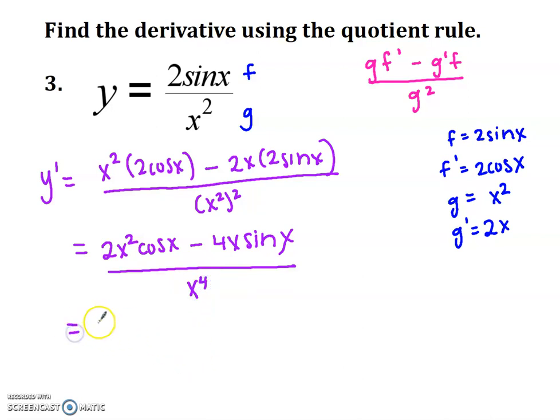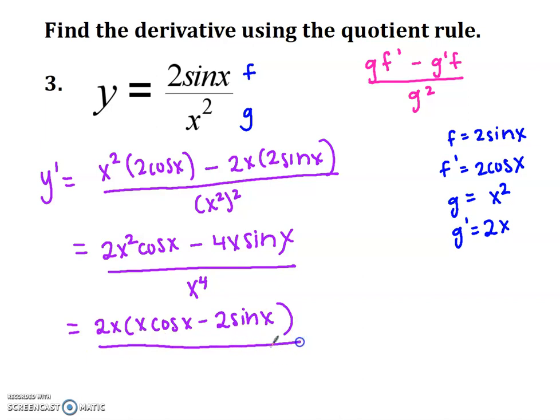Then on the top, I can take out a 2x, and I'm left with x cosine of x minus, I'll be left with just a 2 since I factored out the x. And on this one, once we take out the GCF, we're going to be able to simplify more. Okay? So I can reduce these x's right here.